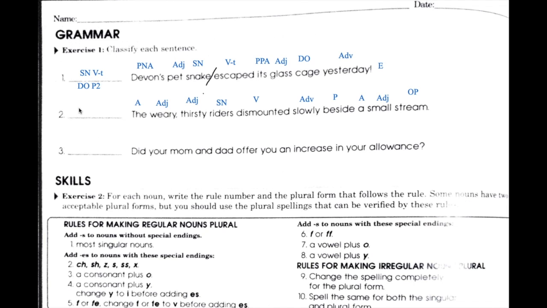This one, we're just back to our original pattern. Subject, noun, verb, pattern 1. We have one prepositional phrase, beside a small stream. We have a period, statement, declarative sentence.